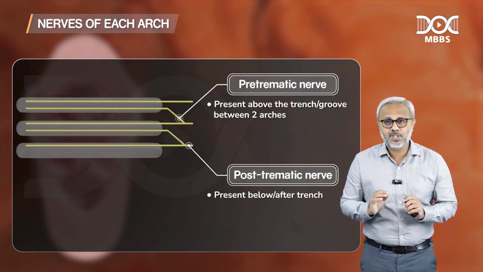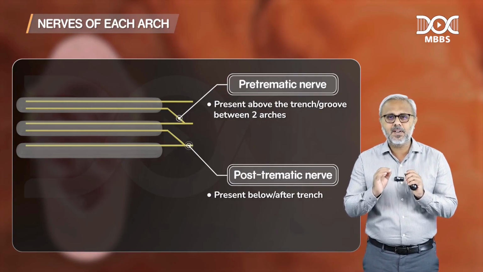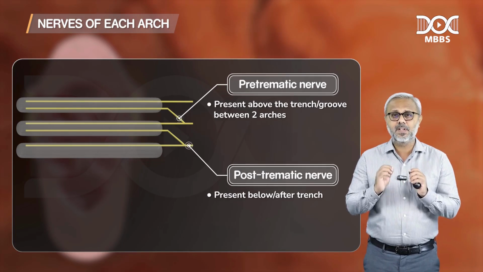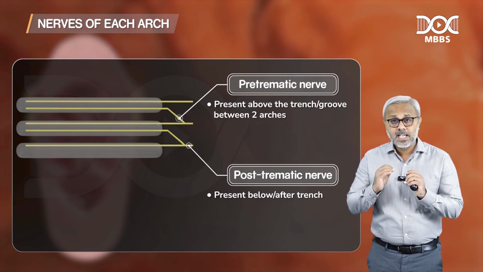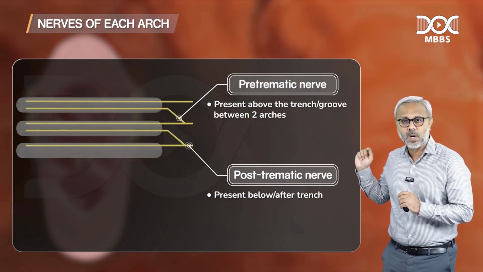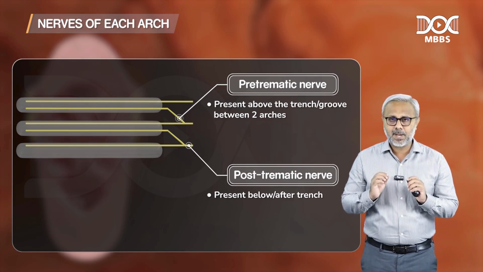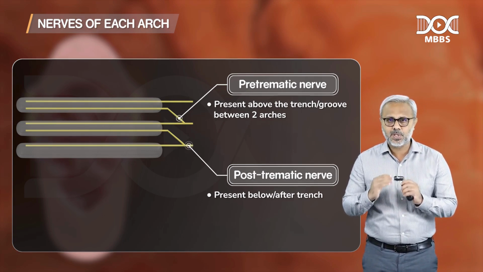If you understand this concept, you will be able to tell which is the pretrematic nerve and which is the posttrematic nerve of each arch. Are we clear with this? I will repeat again. If the nerve is present above the trench or the groove between two arches, we call it a pretrematic nerve. If it is present after the trench, we call it posttrematic.